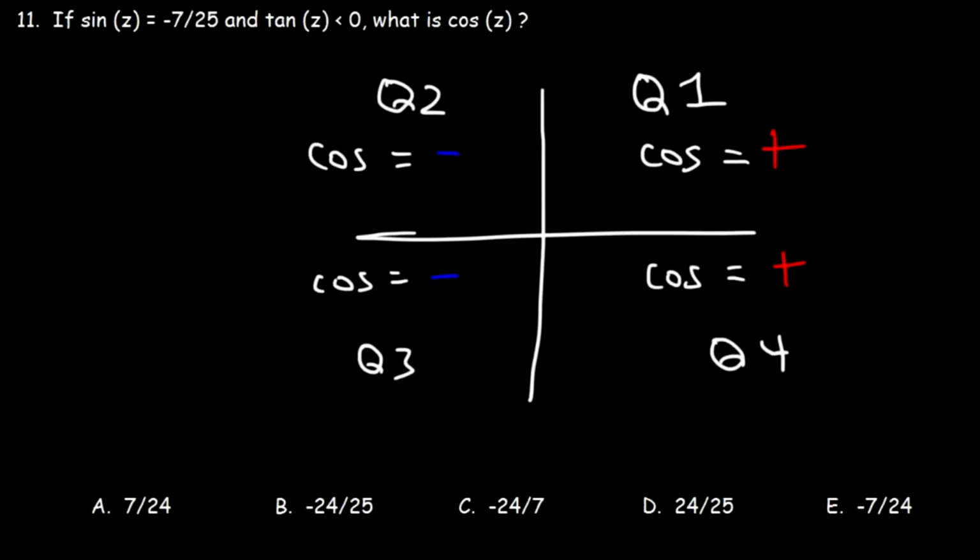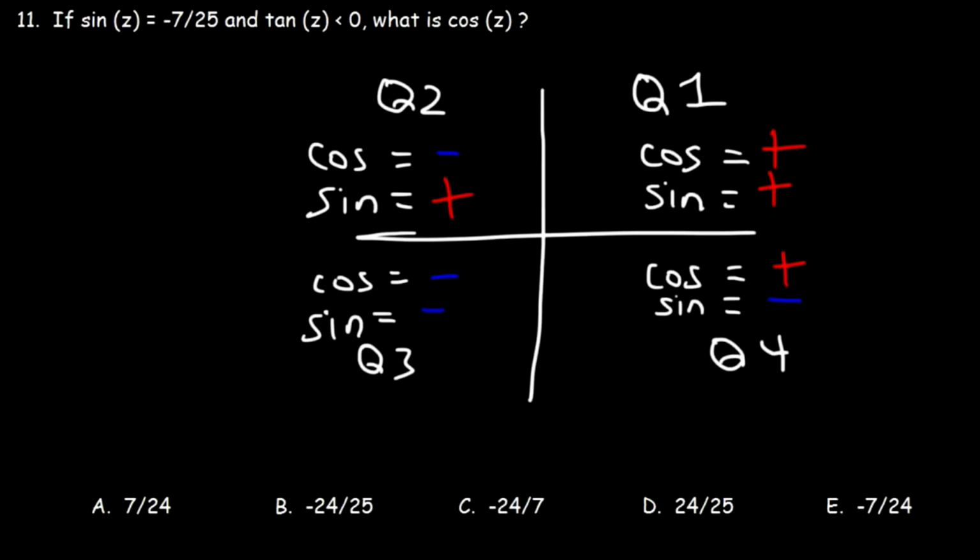Sine is associated with the y values, and y is positive above the x-axis, that is in quadrants 1 and 2. Sine is negative below the x-axis, that is in quadrants 3 and 4.